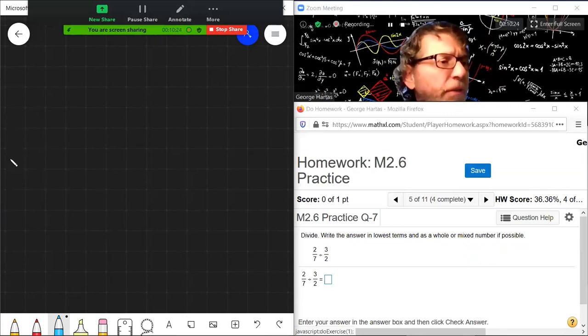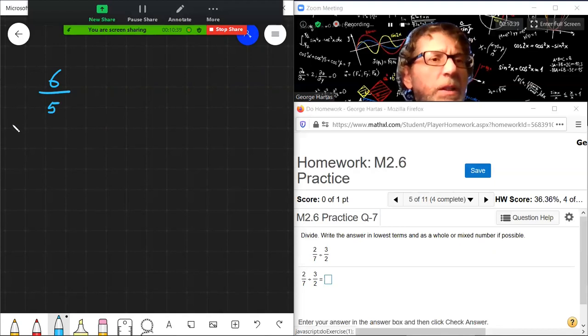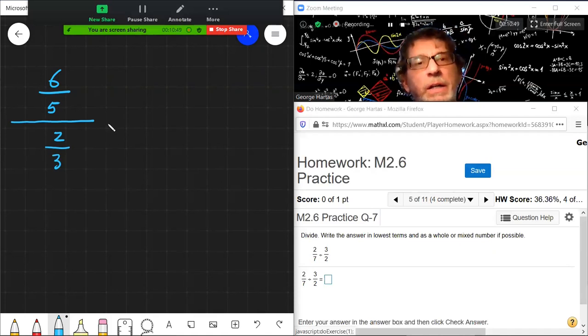So let's say we have 6 over 5 divided by 2 over 3. Now, I know this doesn't quite look like this, and these are different numbers, of course, but actually they're both division, right?